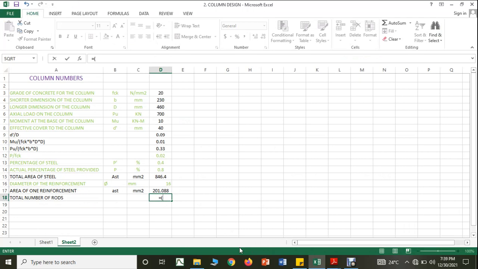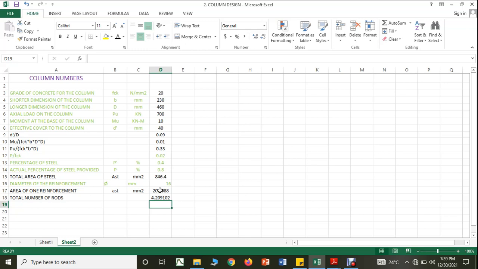Just give me a minute. So it will be this total area divided by this, and that will give you the total number of rods. Usually you will get it in whole numbers.